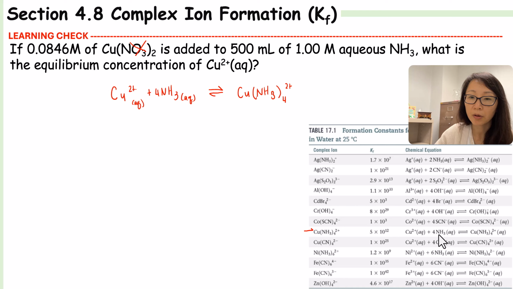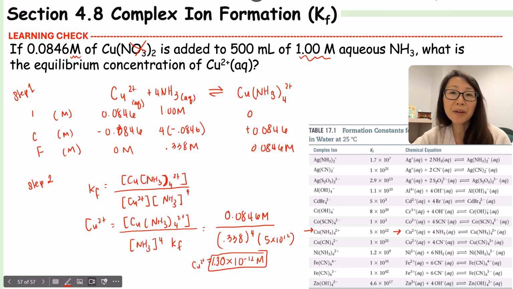That's written all here, okay? All right. And then we're going to do the ICF table. You don't need to use millimoles this time because they're both in molarities. And so try it in molarities and then come back and check this video. And here is the key.